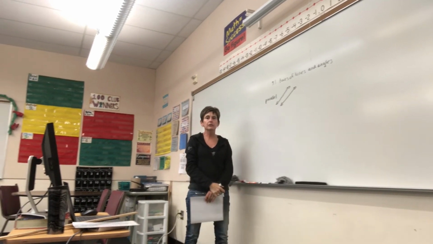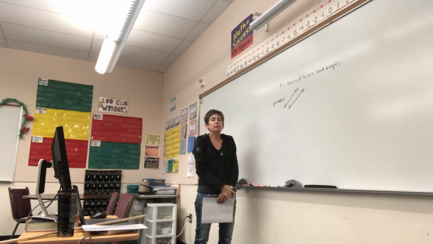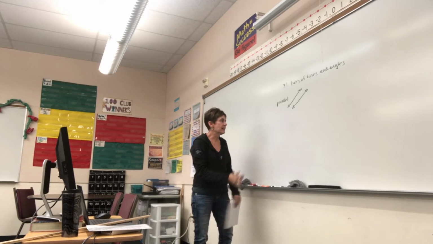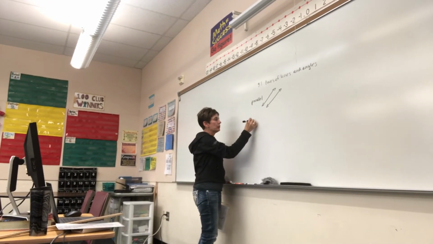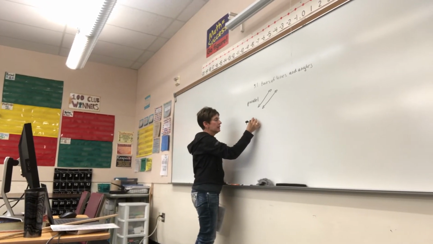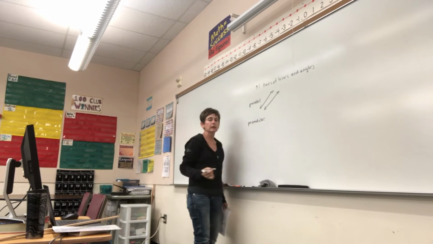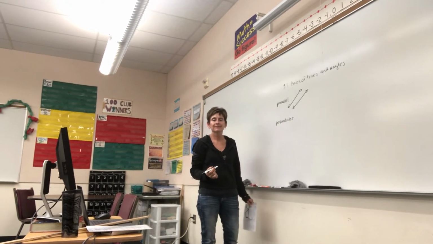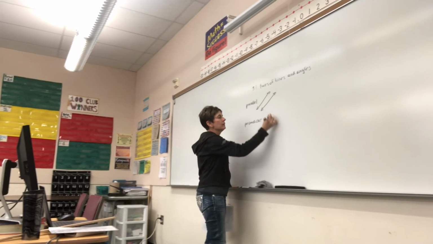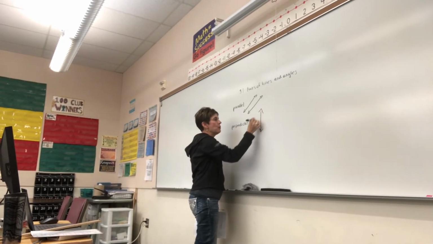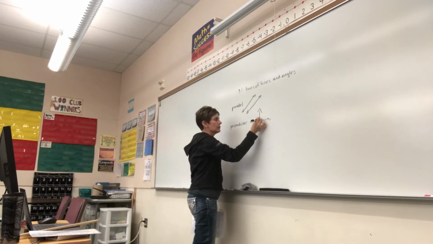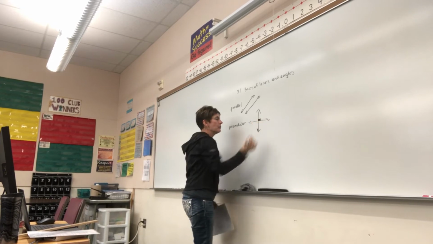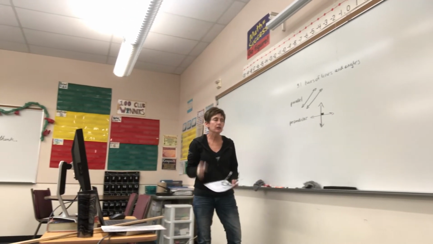So that would be just a rough example, for instance, of two parallel lines. In our last lesson, we talked about perpendicular lines. Can you remember what perpendicular lines form? Perpendicular lines form 4 right angles. So they form a 90-degree angle. So we talked about that.